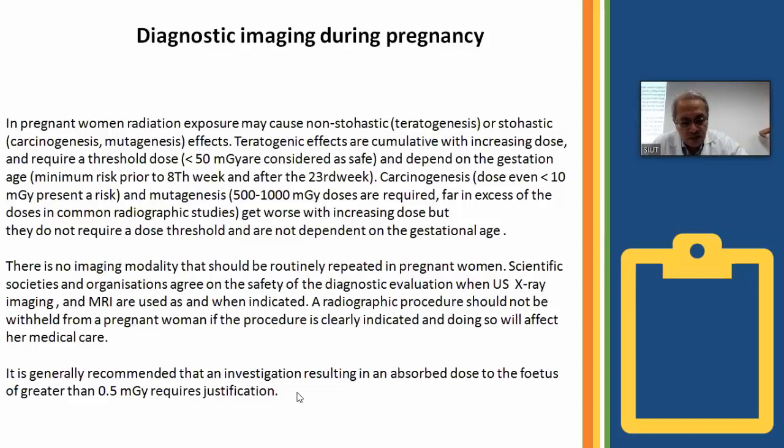The radiation which is used for therapeutic purposes, they use this gray scale and this unit of gray. What we use for diagnostic purposes, the radiation dose is in sieverts, but there is no difference. 1 gray is equal to 1 sievert, and 1 milligray is equal to 1 millisievert.